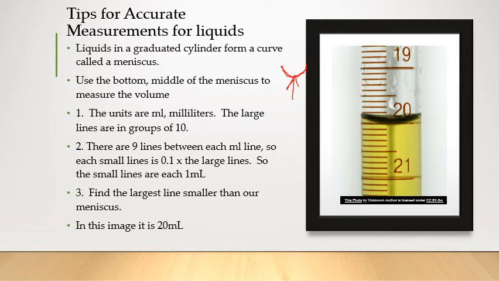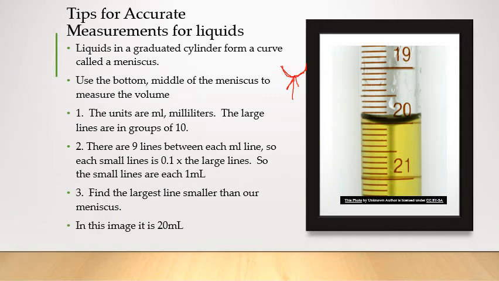And you see that the large lines, in this instance, are groups of 1. So 20, 21, 19. You have 9 lines in between each whole number. So again, they're going to be 1/10 of the large line.